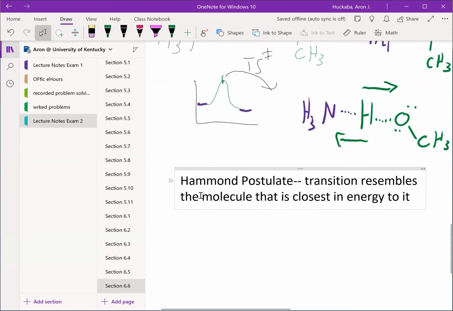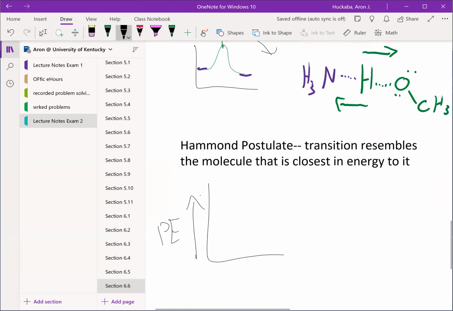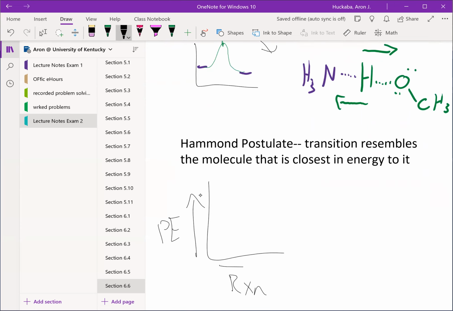So that means if you have some reaction where potential energy is going up on the y-axis and the reaction progress is going forward towards the right, if you have a case where the reactant is closer to the transition state than the product, like this, see there's less distance between the reactants and the transition state than with the products, then the transition state looks more like the reactant than the product does.